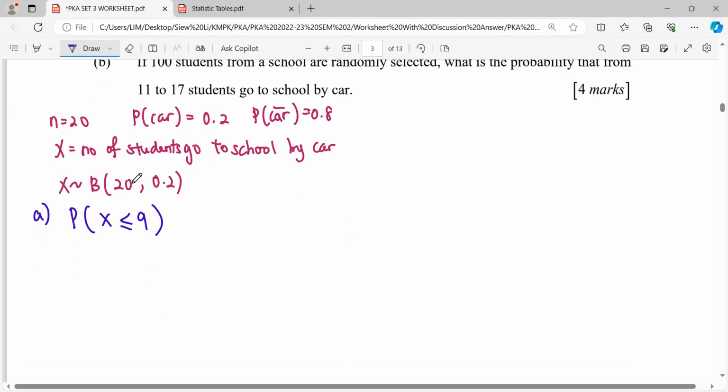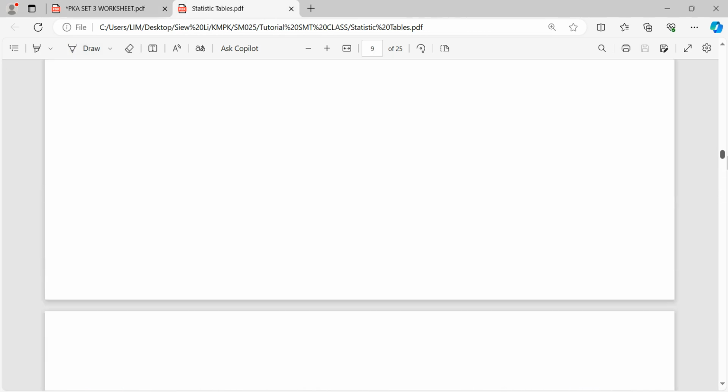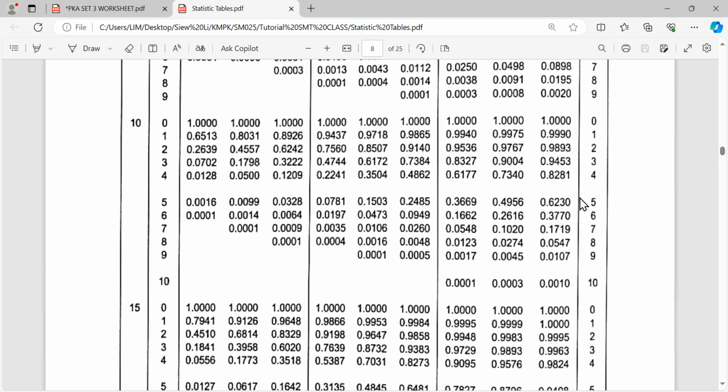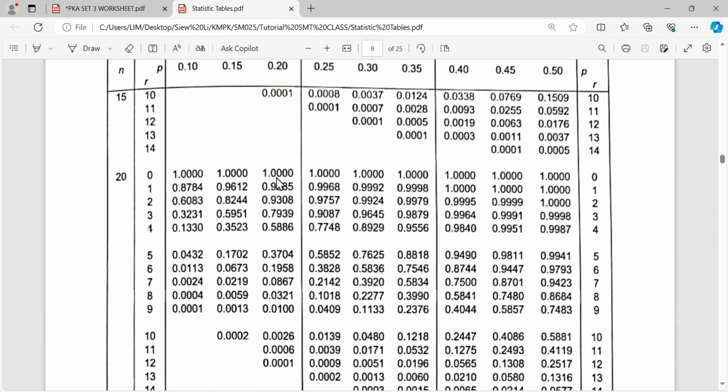So look at the distribution here. We can use the binomial table, but the table needs more than or equal. When you need less than or equal, using the table, we need 1 minus X more than or equal 10. Then you can get less than or equal. So find your binomial table, 20 and 0.2.